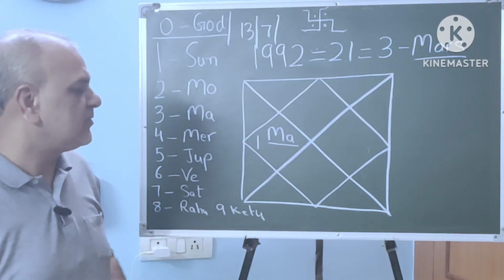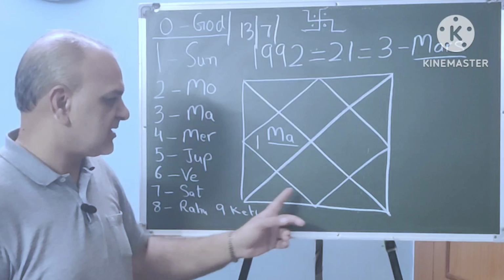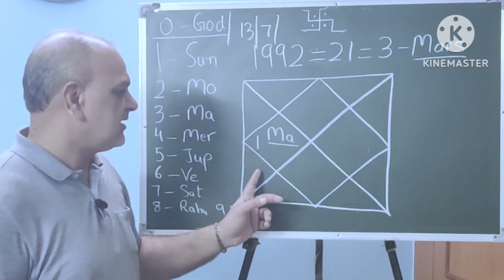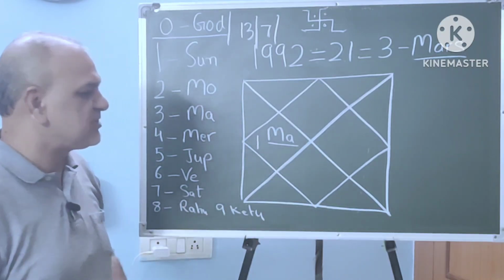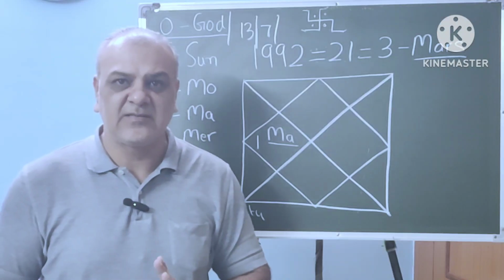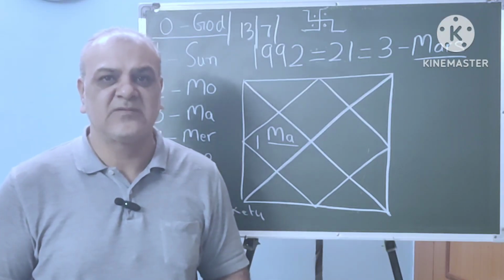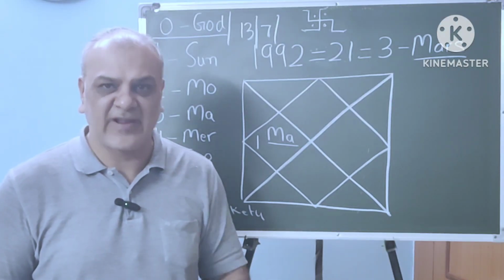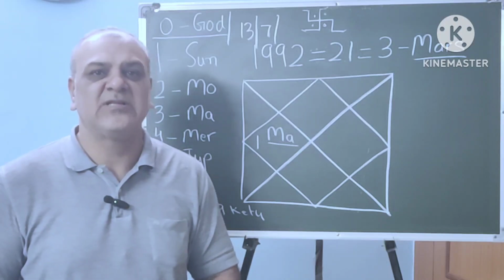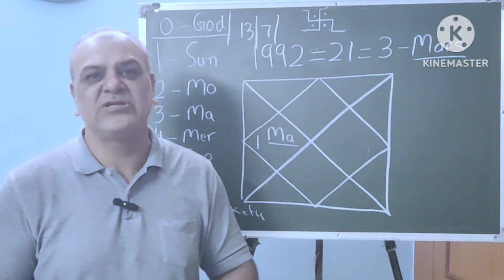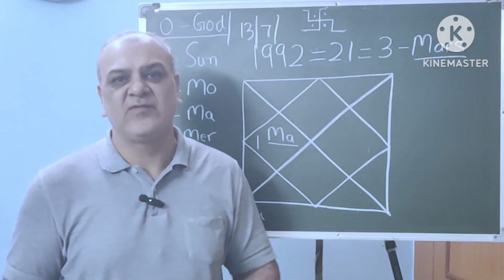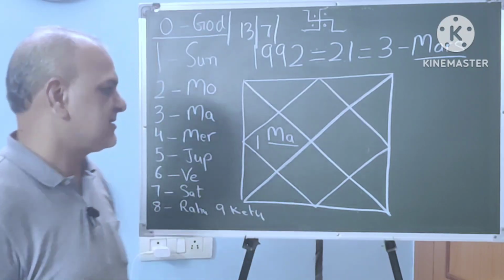Next step, in that same chart, we will see which other planets are aspecting Mars, which other planets are in trine to Mars, and which other planets are in conjunction with Mars. Then we will use the Naadi techniques.